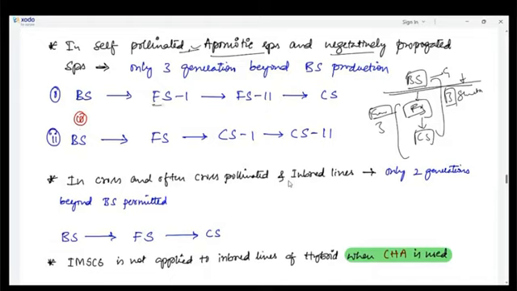That can consist of foundation seed 1, foundation seed 2, and certified seed, or foundation seed, certified seed 1, and certified seed 2. This is very specific to self-pollinated, apomictic and vegetatively propagated crops.